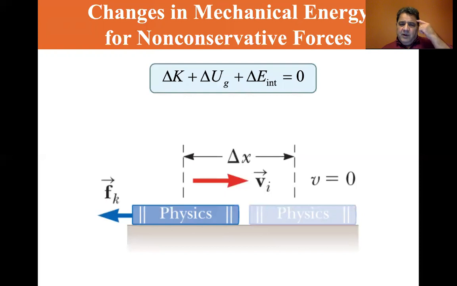If you recall previously, it was the change in kinetic energy plus the change in gravitational energy equals 0. Now they've added the internal energy, so now we have to take into consideration the internal energy, and I do some homework examples to help you through that. Hopefully that'll be of use to you.